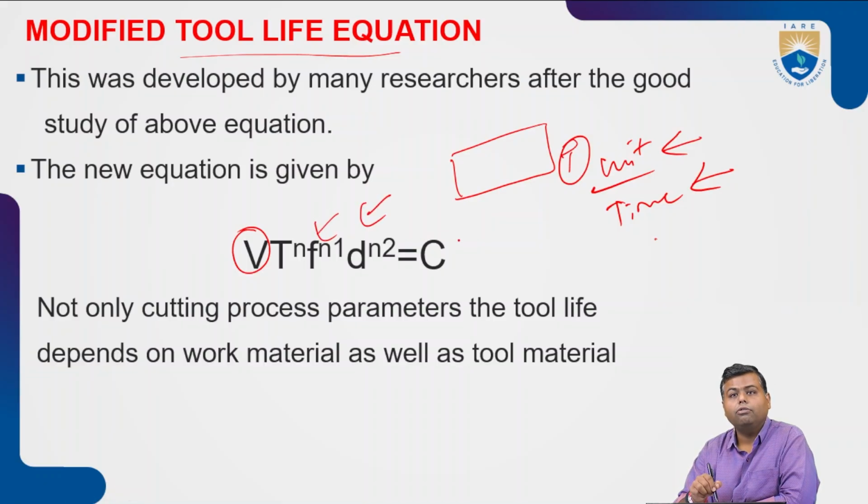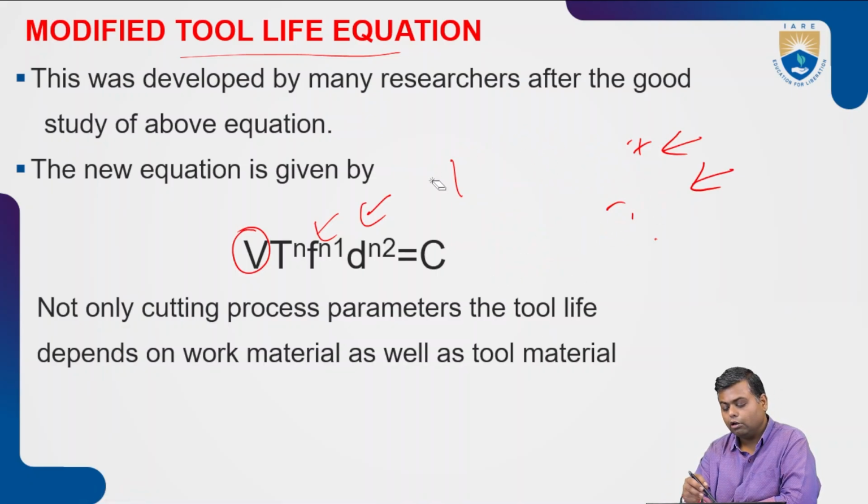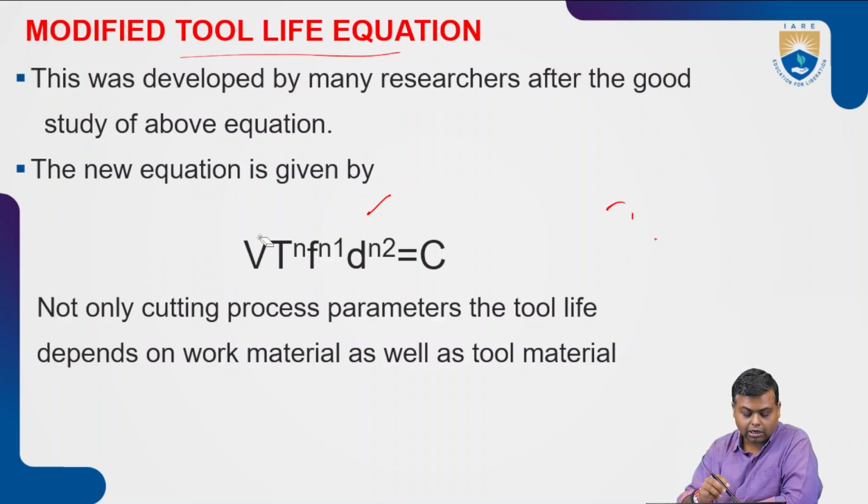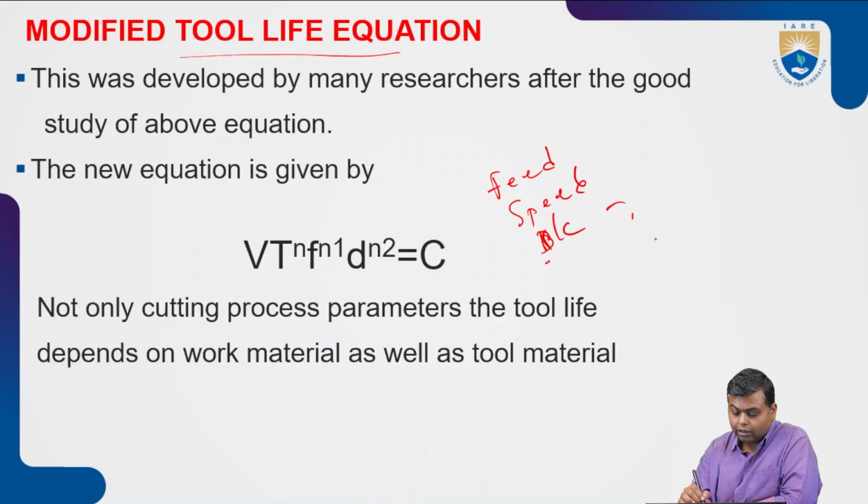So the machining process becomes easier, so that you can find how much time or how many units the tool will last without undergoing the failure criteria. Not only the process parameters, that is feed, speed and depth of cut, we need to consider the tool material as well as the work material.